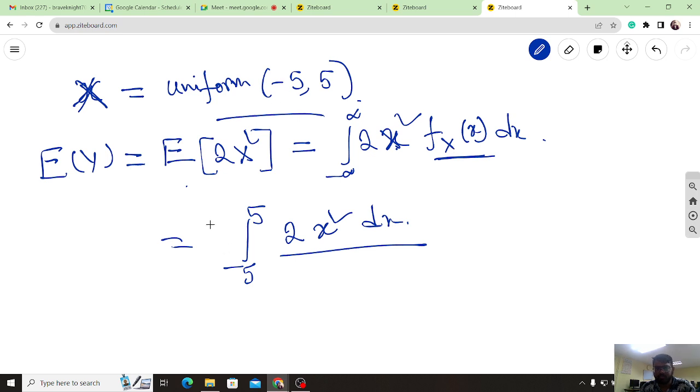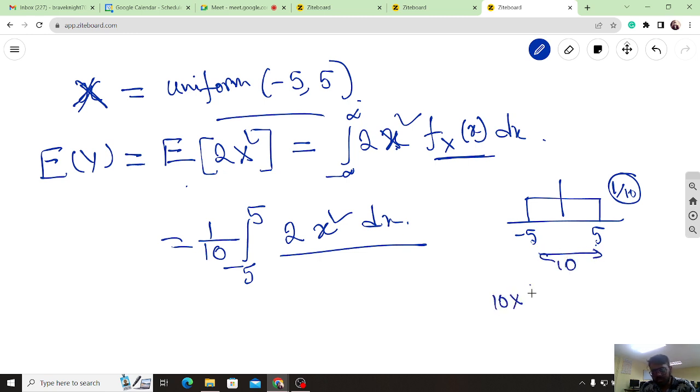right? And within this interval, what will be the value of f of x? It will be 1 by 10, because for a uniform distribution between -5 to 5, this distance is 10.